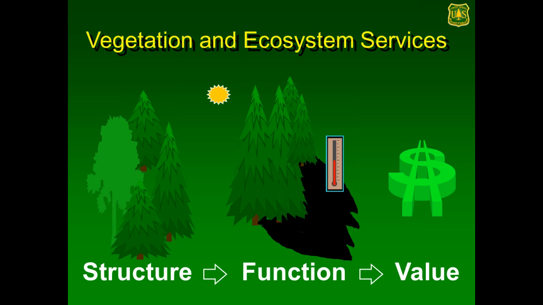But the only way we can do that is by manipulating the structure on the left-hand side. We as managers choose what species to put in, where they're located, and how we maintain them. And the designs that we create for city systems will affect the ecosystem services and the value provided to society. So the question is, if we're going to manage forests, how best do we sustain a structure, develop a structure, to optimize these services for the population that lives in the city?